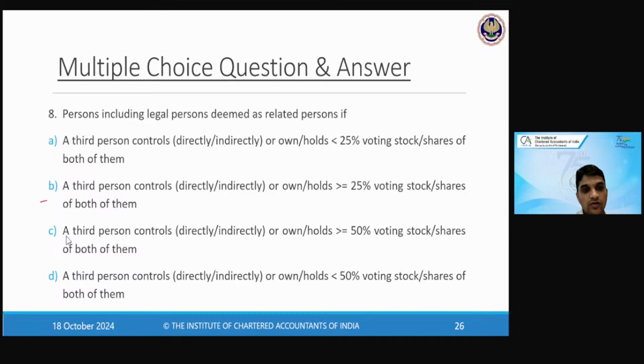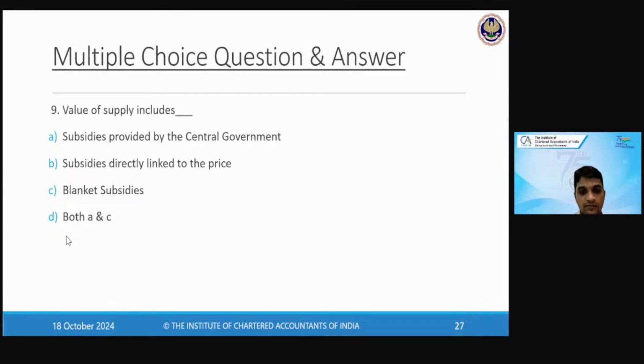Okay. A person who controls directly and indirectly more than 25% of the voting shares. Not A because it is less than 25%. And in your third and fourth case, it is 50%. But the criterion is more than 25%. So the correct answer is B. Okay. Be careful because the less-than sign can also give you a googly. So be careful. Very good, Om Krishnam, giving the fastest answers.